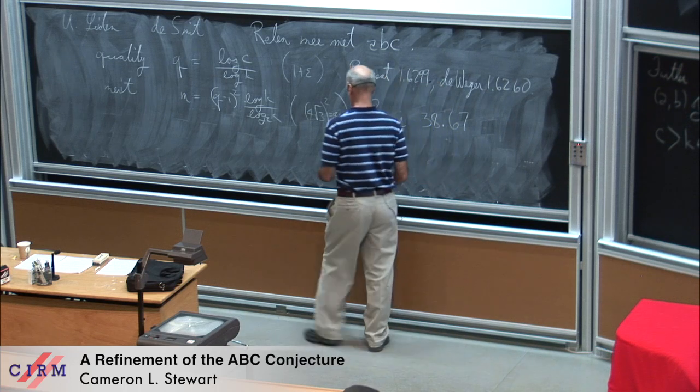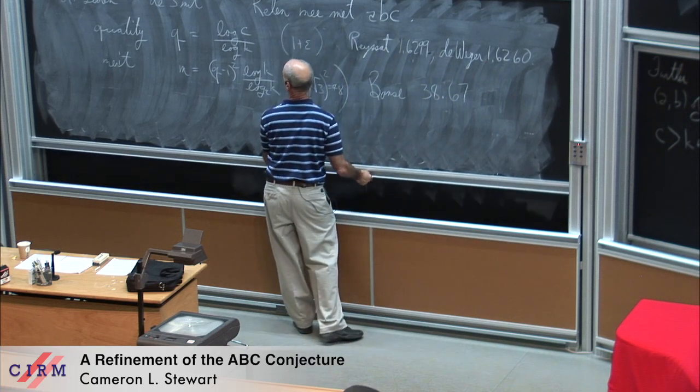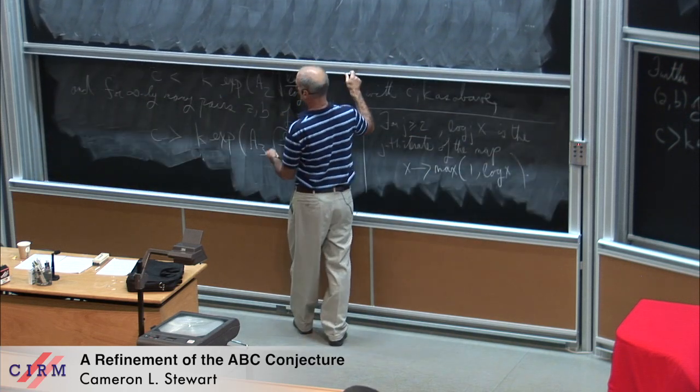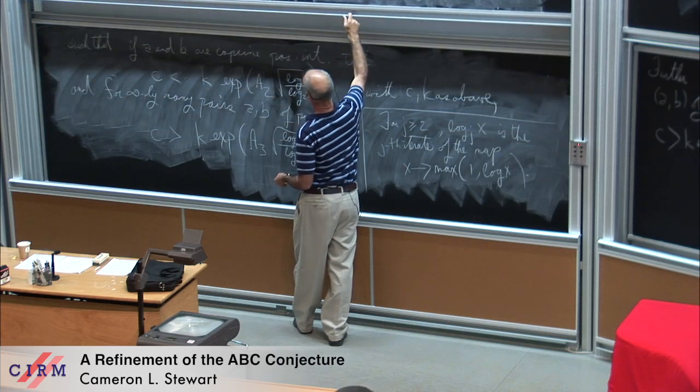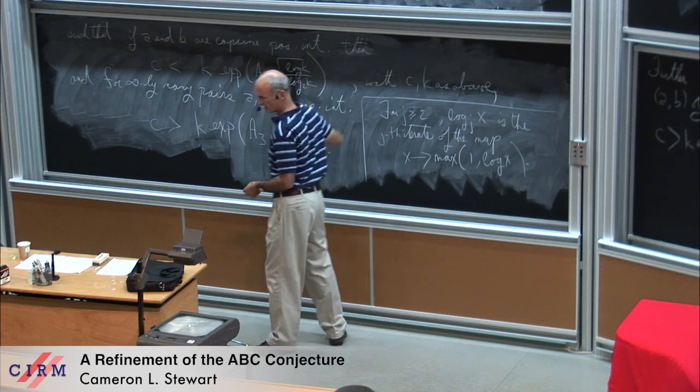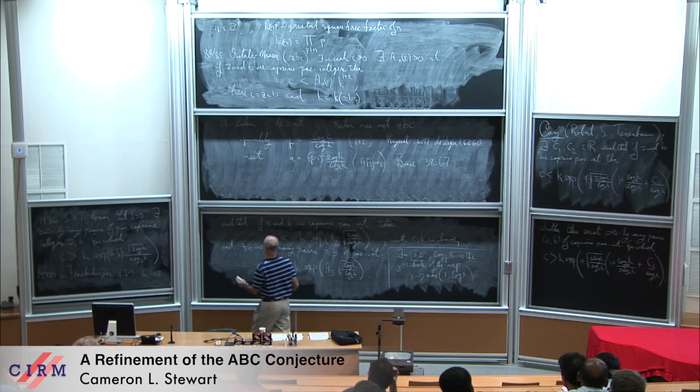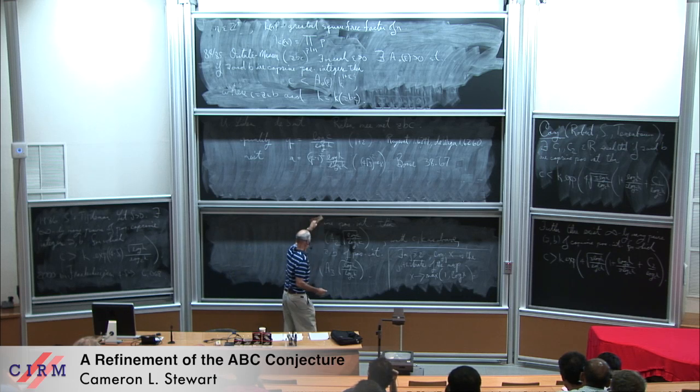Okay, well, what's the underlying motivation for this refined conjecture? Again, it comes down to this notion that the additive and the multiplicative structure of the integers are independent.